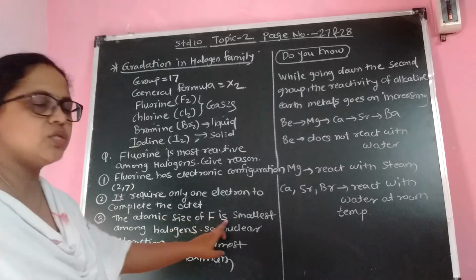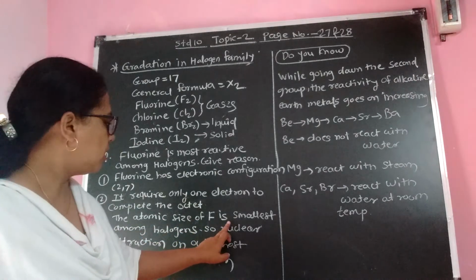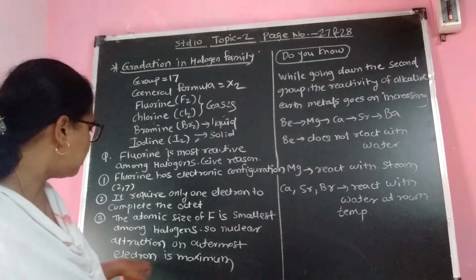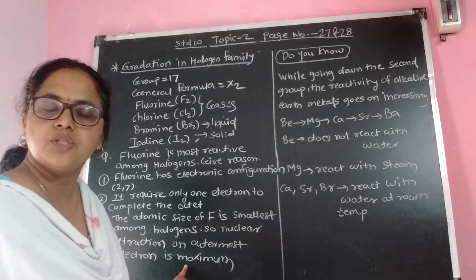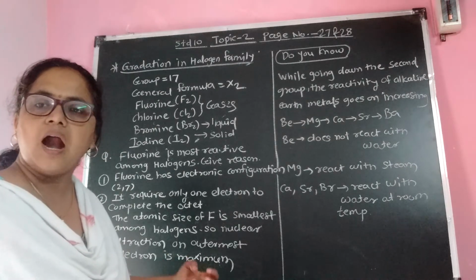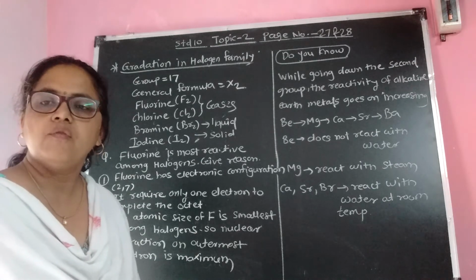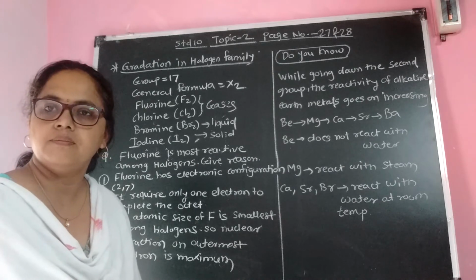The atomic size of fluorine is very small as compared to other halogens. So nuclear attraction on the outermost electron is maximum. That is, the positive charge present on the nucleus attracts the outermost electron with a greater force. So fluorine is the most reactive among all halogen elements.